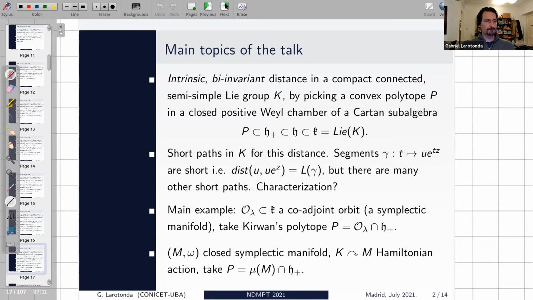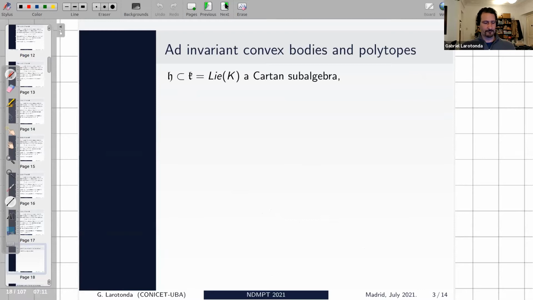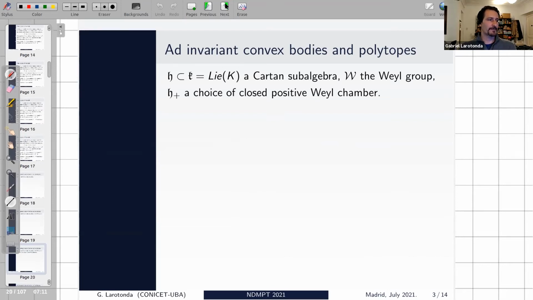So now let's put some solid ideas behind this general discussion. So we have these objects, the algebra of a compact Lie group, and W will be denoting the Weyl group, and H plus a choice of closed positive Weyl chamber. As I said, you have the system of positive and simple roots.